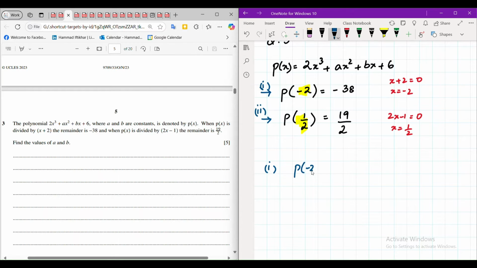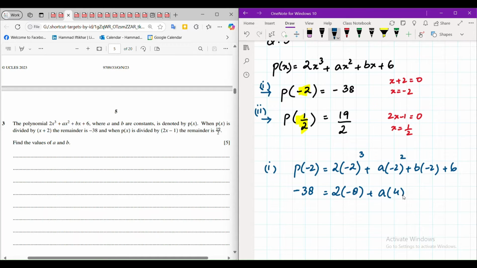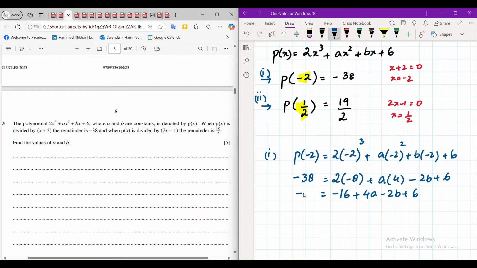So p of negative 2: 2 times negative 2 cubed, plus a times negative 2 squared, plus b times negative 2 plus 6. Let's simplify this. Negative 2 cubed is negative 8, so we get negative 16, plus a times 4, minus 2b plus 6, equals negative 38.